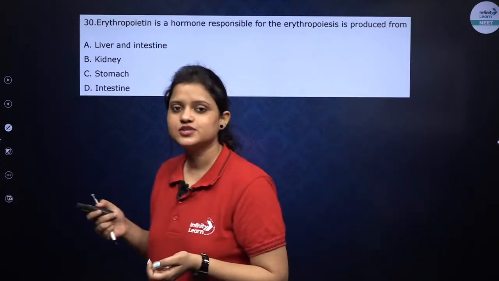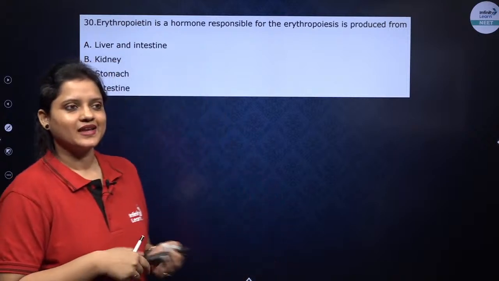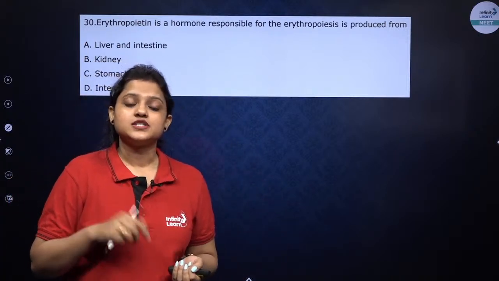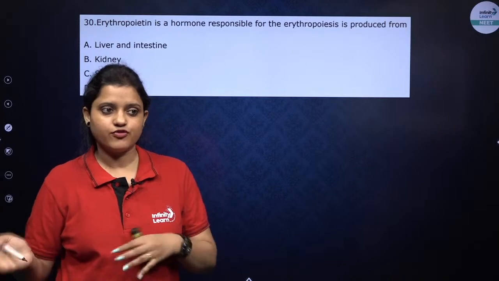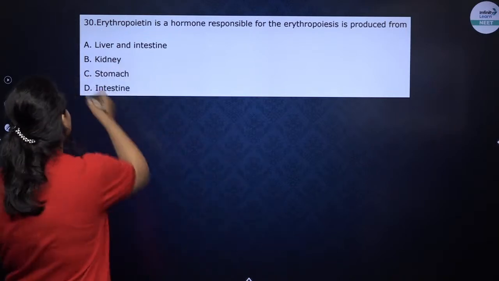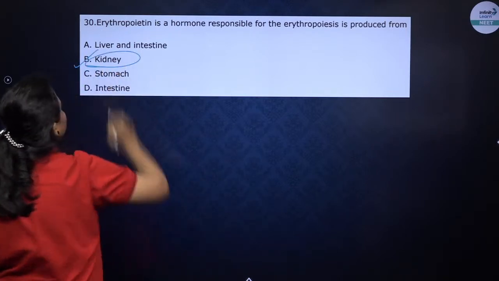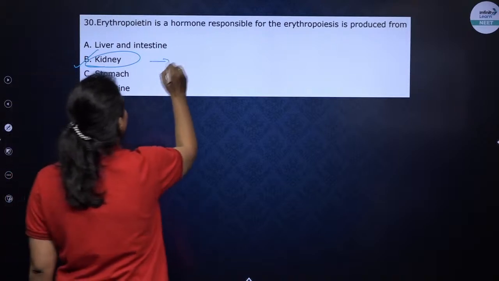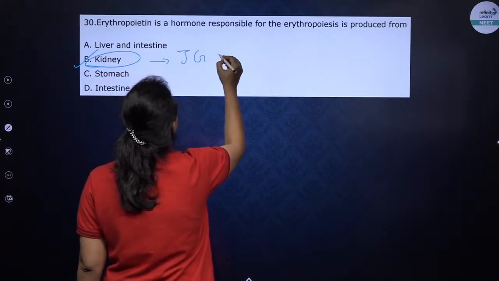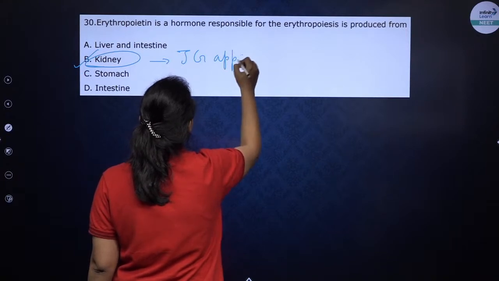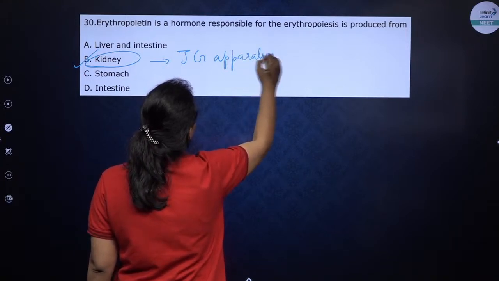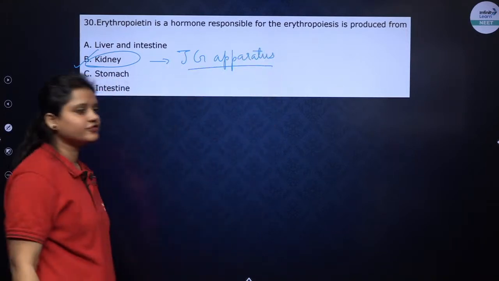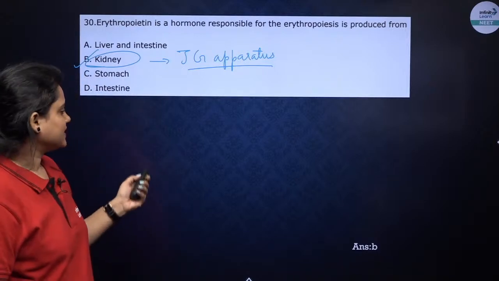So कहाँ से release होता है erythropoietin? It is released from juxtaglomerular apparatus, from kidneys. Very good. Kidney से release होता है erythropoietin from the juxtaglomerular apparatus. And it helps in erythropoiesis, that is formation of RBC.